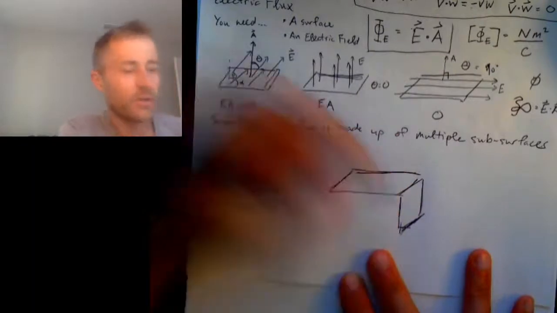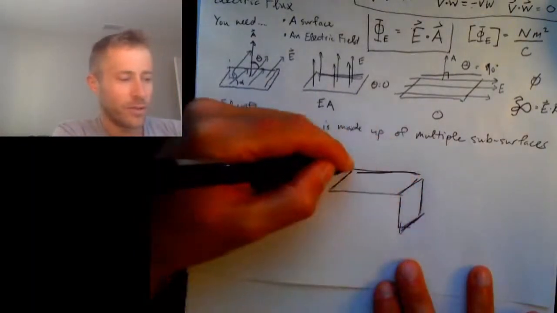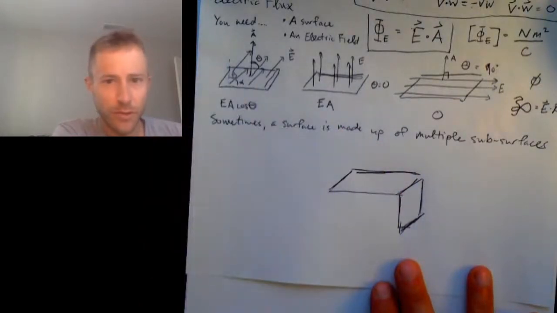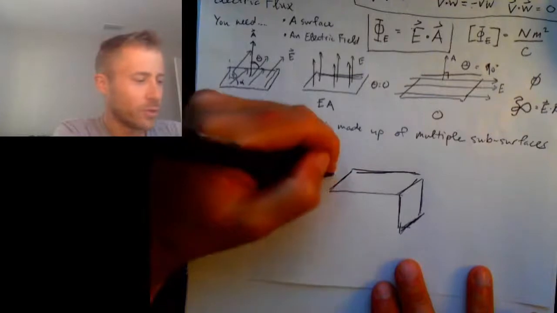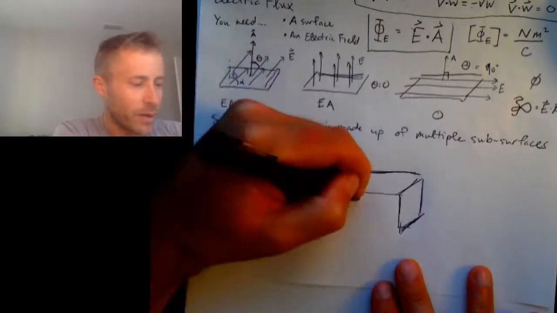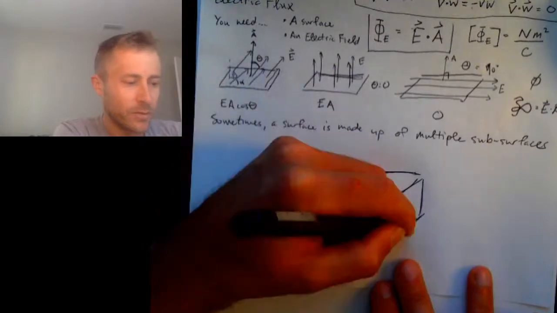So we're actually going to do the calculation here. So this is basically two faces of a shoebox, if you will. Two faces of a shoebox. So this is, let's say, 4 meters by 9 meters, and this is 4 meters by 4 meters. Okay.